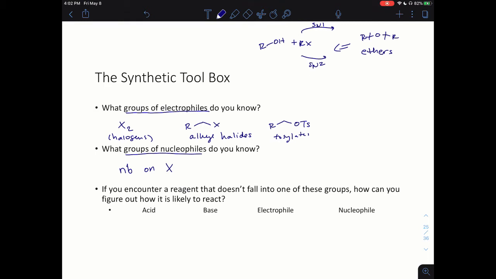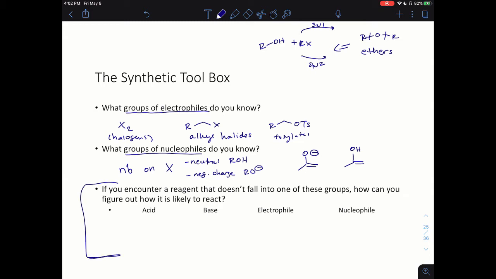In that group, you could have a neutral, so you could have an alcohol, you could have a negative formal charge, such as an alkoxide. Other nucleophiles, well, we've now learned about enolates and enols. And I said that pi electrons were reacting here. Okay, and we're going to learn more and more types of nucleophiles and electrophiles as we go on.